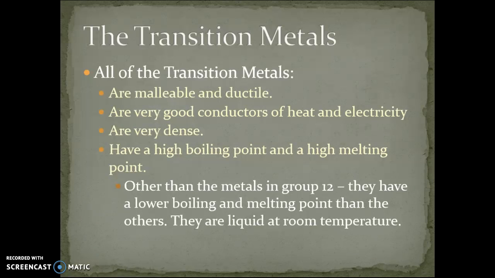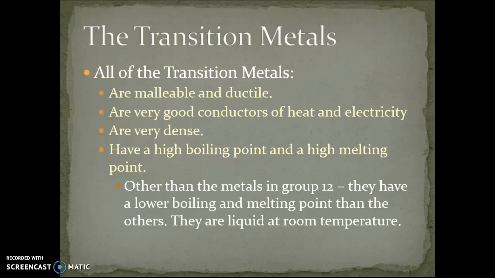All right, so a little bit about the transition metals. These are kind of the metals that we think of when we think of metals. They are basically all what we call malleable and ductile. So malleable means that they can be pounded out. They can be pounded even into a sheet, like similar to aluminum foil.